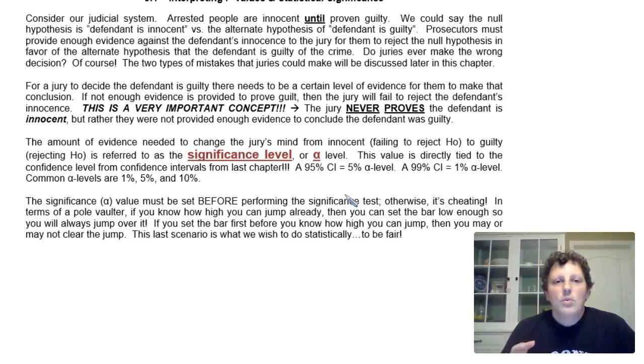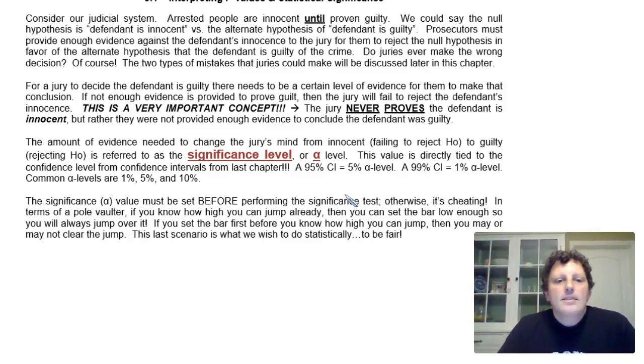And with interpreting these types of problems, you're going to see that the analogy works perfectly, because we are going to be looking at statistical evidence. What we want to know is, is there statistical evidence to reject the null hypothesis, or do we not have enough evidence to reject the null hypothesis?